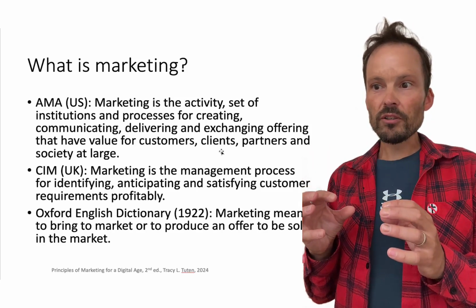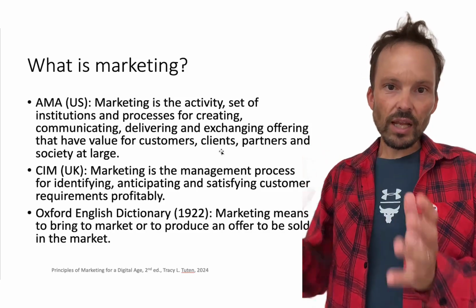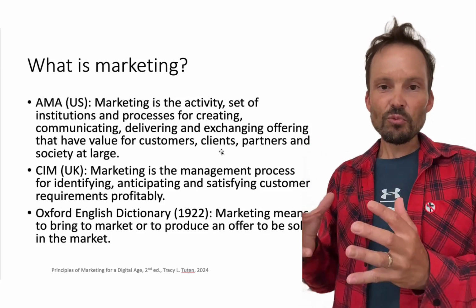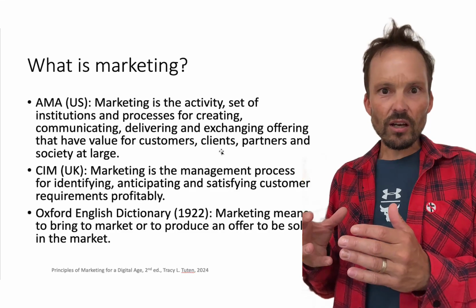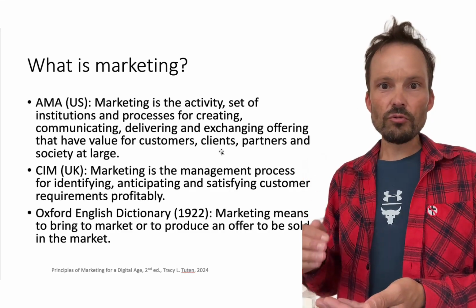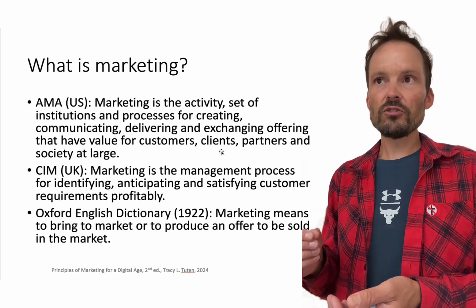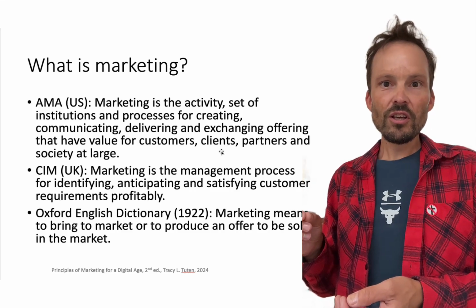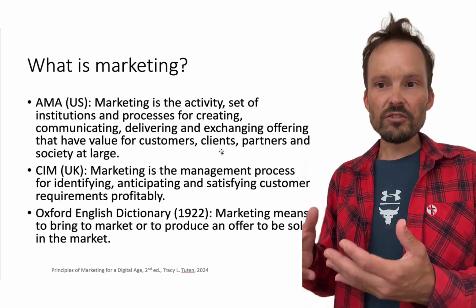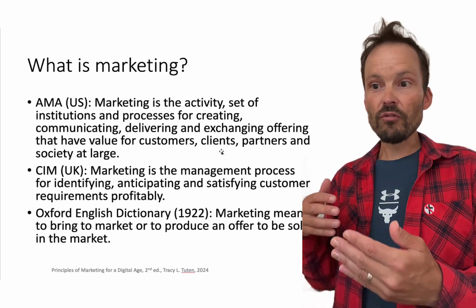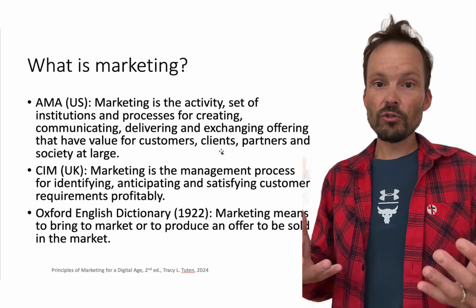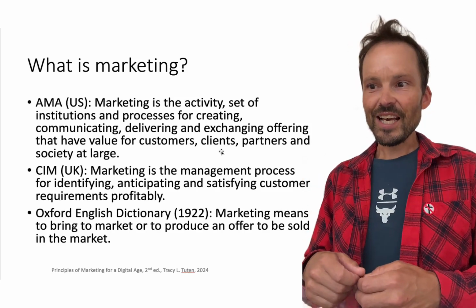And that point about a carefully planned process is what marketing is about, and it has to have some sort of value for customers. It is not just about flogging products at consumers in order to make a profit. It is about exchanging something of value for customers and also for society at large.